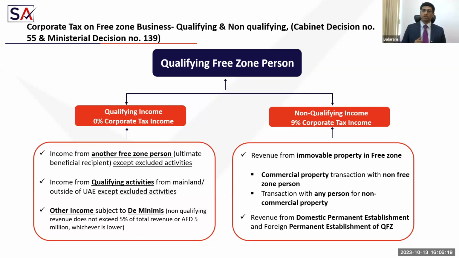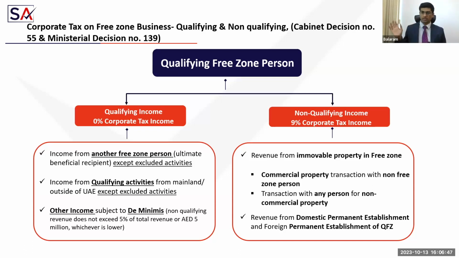It is a more detailed concept, but to give a brief idea, take a free zone company established in a free zone, let's say Zabsa, that has one employee who is working regularly from his home, which is in the mainland. So the activity performed by this person, whatever income he generates, is assumed to be a domestic permanent establishment.